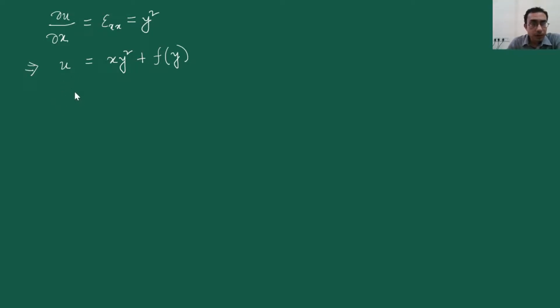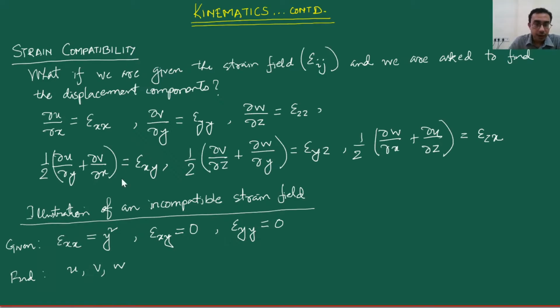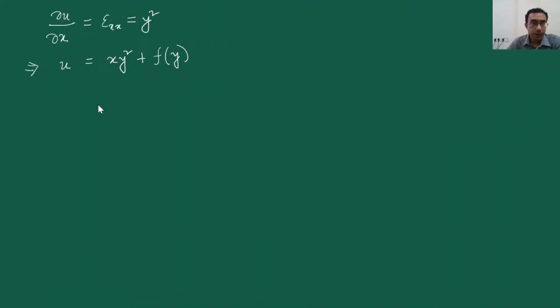Now we can try to use the rest of the information given to us. You go back here and note that epsilon xy is equal to 0, and also that epsilon yy is equal to 0. So del v del y is equal to epsilon yy, which is given as 0.